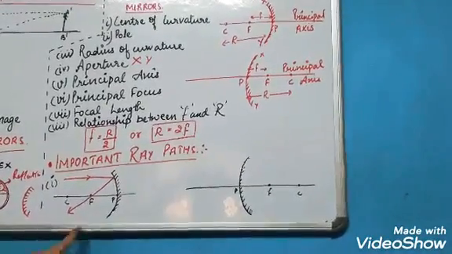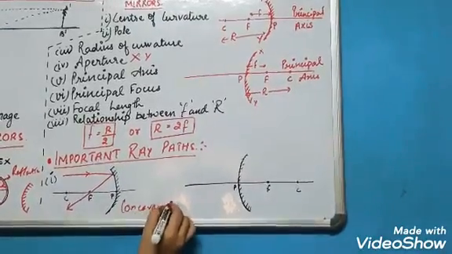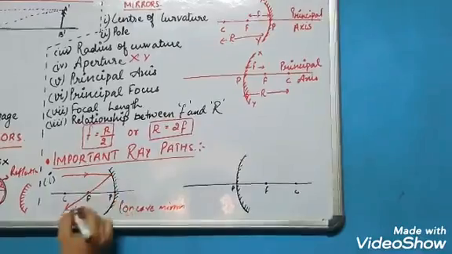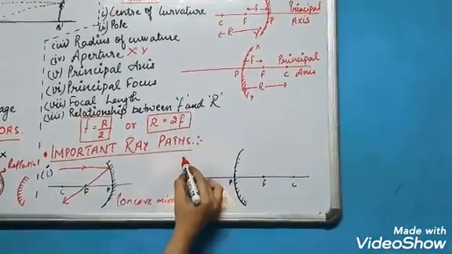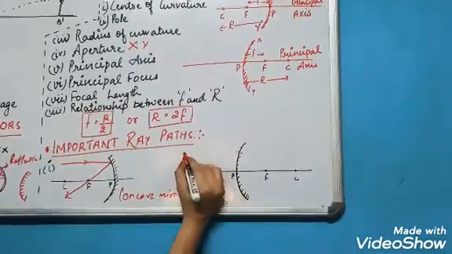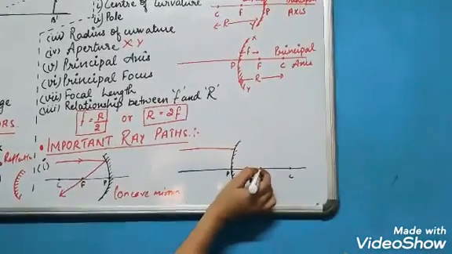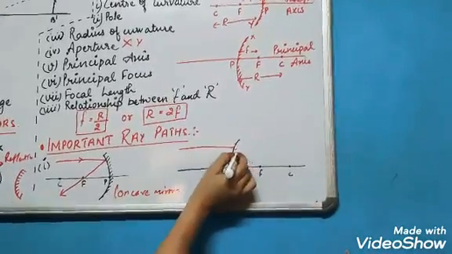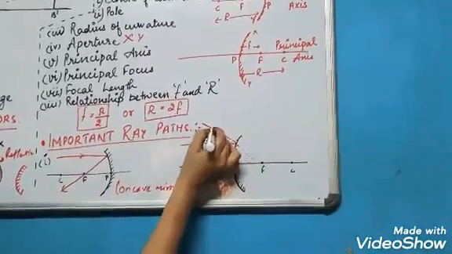Since this is a concave mirror, the rays are converging. This is the diverging one, so the ray will diverge. It will come parallel. If the ray is coming parallel, it will appear to pass from the focus and it will diverge.